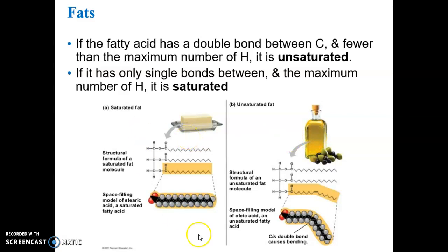Compared to a saturated fat, since the fatty acid tails are linear, they can pack up and line up more compactly, and because of that, they tend to be solid at room temperature. And as you may know, saturated fats tend to be less healthy for us versus unsaturated fats.